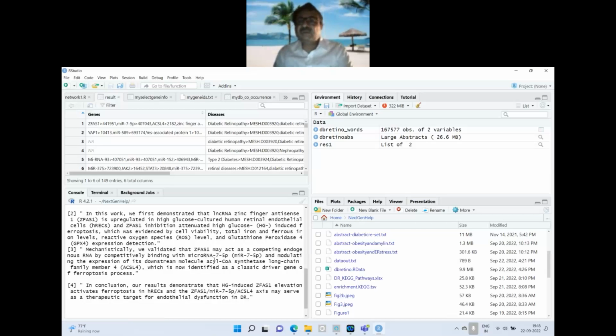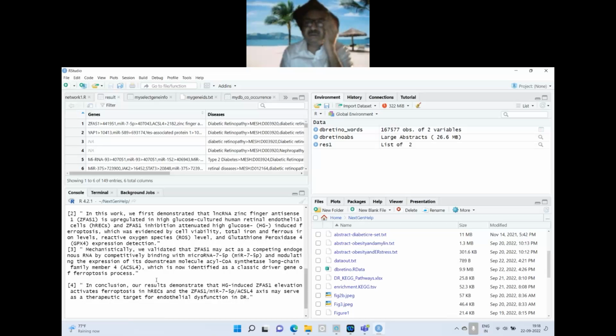This ZFAS1 binds to this microRNA and serves to modify its function, modulating the expression of its downstream molecule, that is acyl CoA synthetase long chain family member, which is now identified as a classic driver gene of the ferroptosis process.